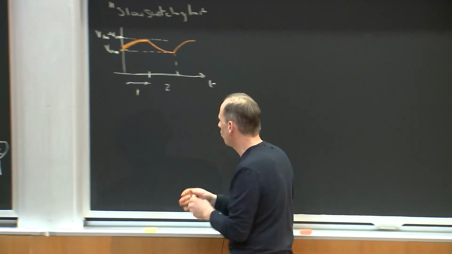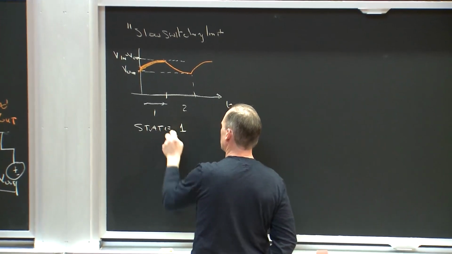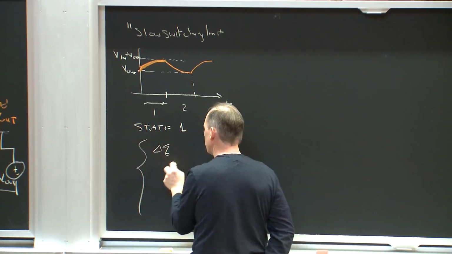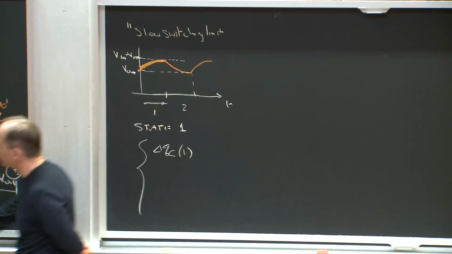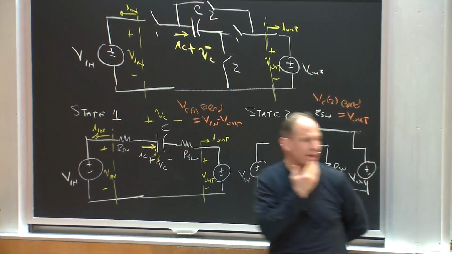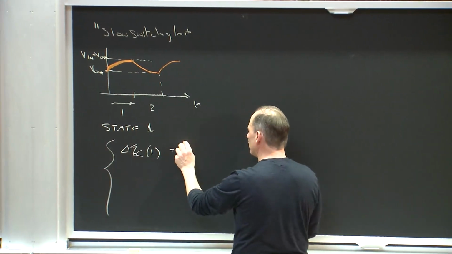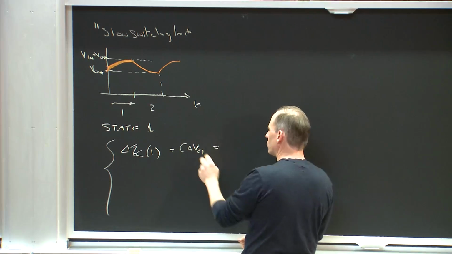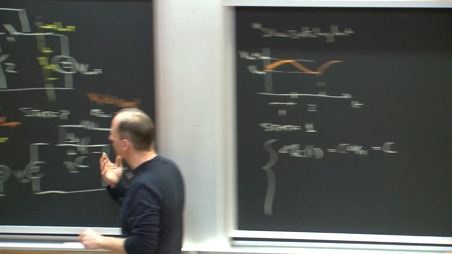In state 1, what do I have? Delta QC in state 1, the amount of charge that gets put onto the capacitor in state 1, is going to be delta Q equals C delta V, which is C times the change in voltage across state 1.